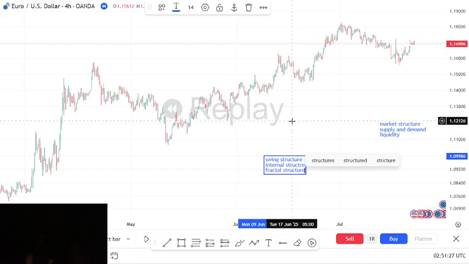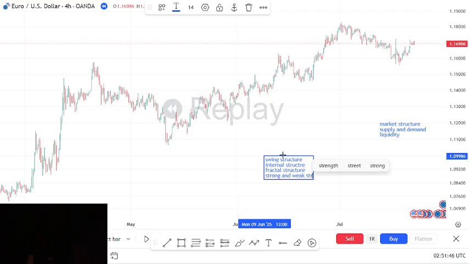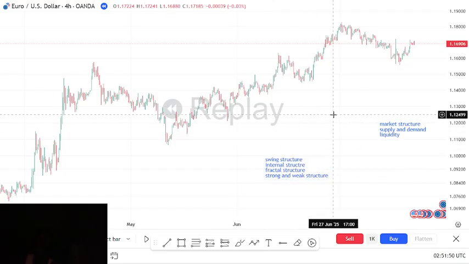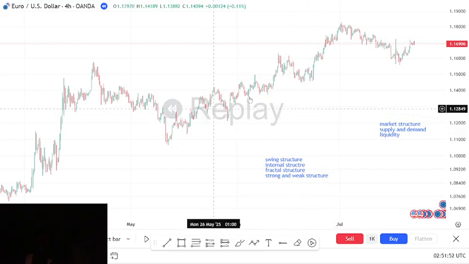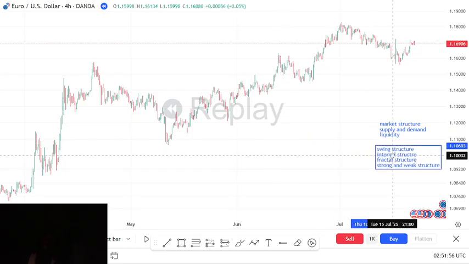So internal, fractal, and swing structure. And then we will also do strong and weak lows and weak structures. So this is what we are going to do under market structure.